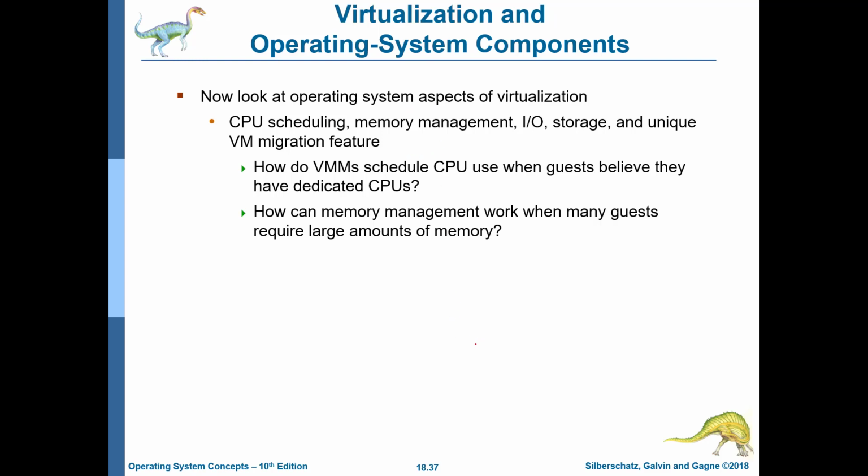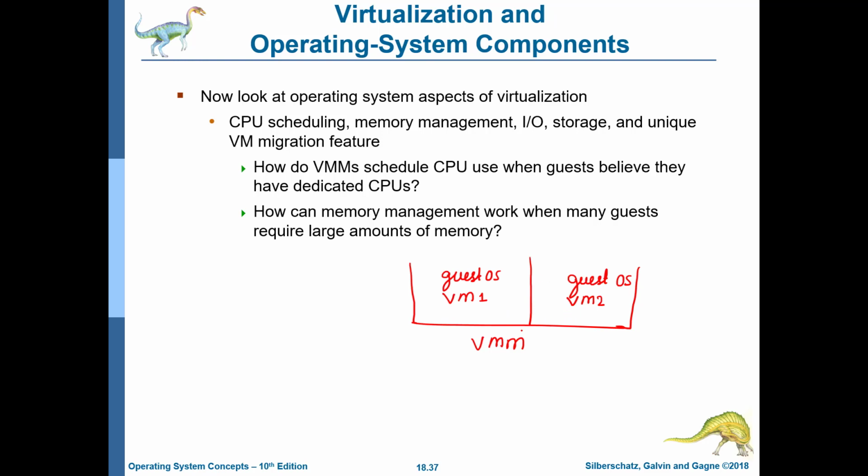Because what will happen is that if I have a VMM over here, and let's say I have two VMs running their own guest OSs, and there are 8 CPUs, the first VM will feel that it owns all 8 and the second VM will feel that it owns all 8.